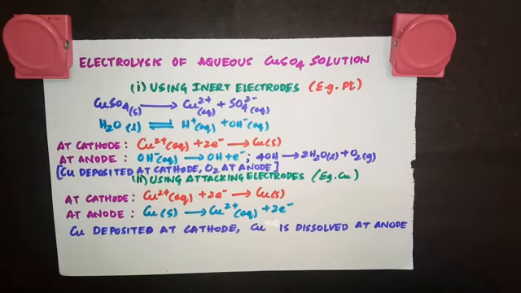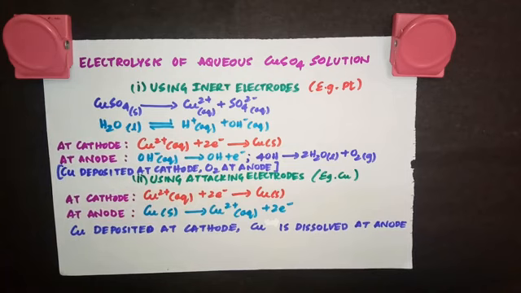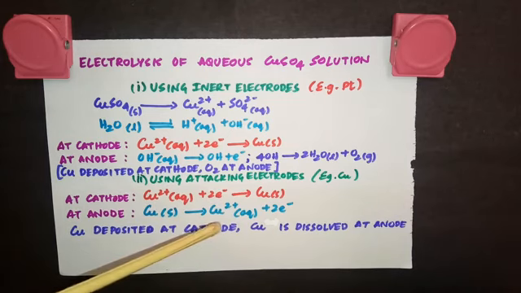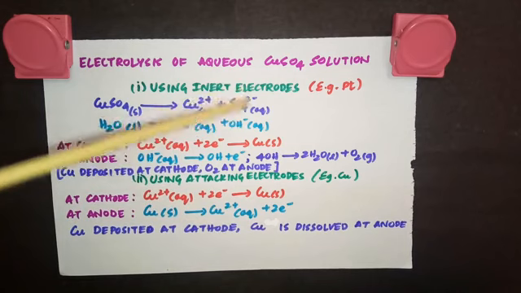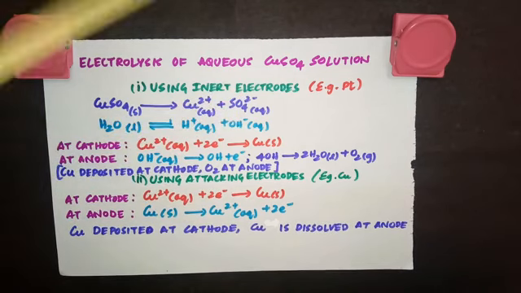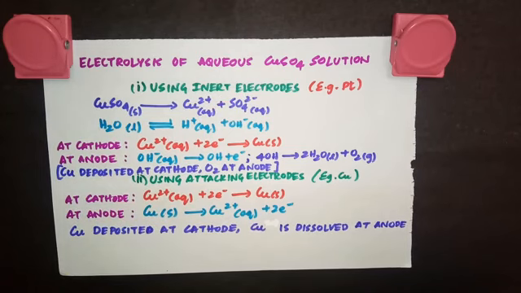will undergo any change. Instead, since we are taking attackable electrodes where copper is used, copper atoms from the anode are oxidized to Cu2+ ions in preference to these two ions, OH- and SO4 2- ions.